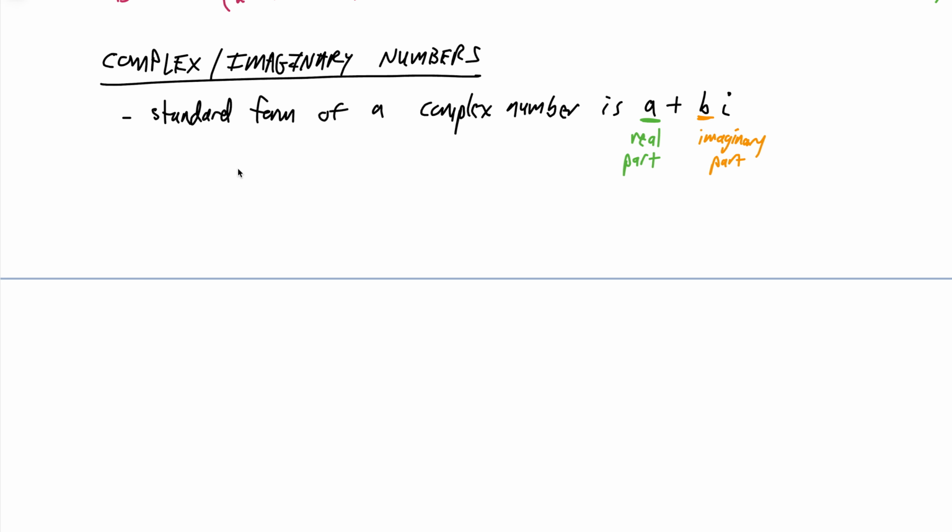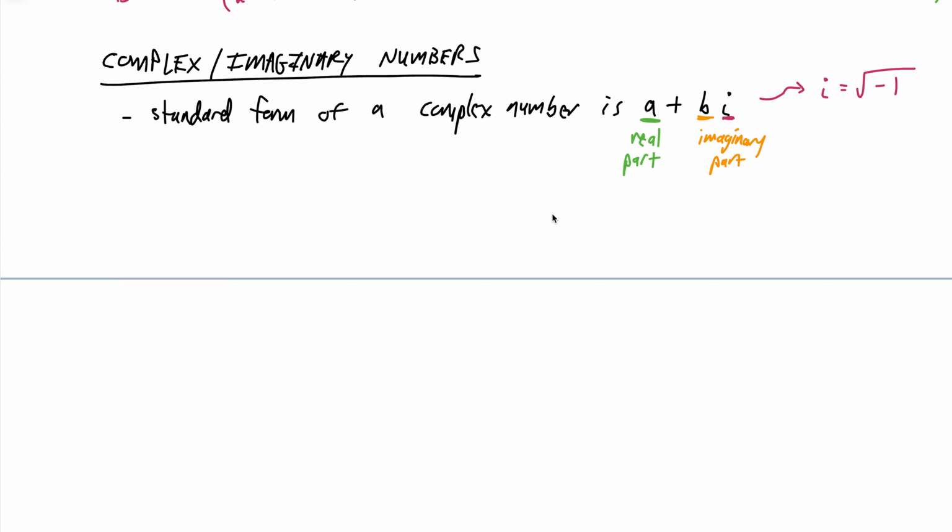Okay? So when we talk about a complex number, it has a real part and it has an imaginary part to it. It also, as you can see, has this i value, which we haven't talked about yet, but the i value, i, is actually equal to the square root of -1. Okay, so i is equal to the square root of -1.